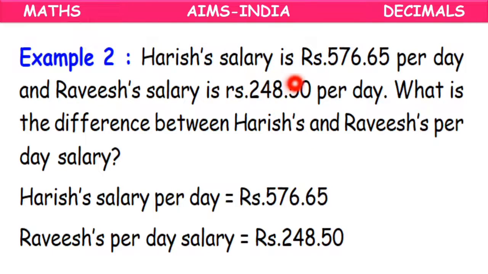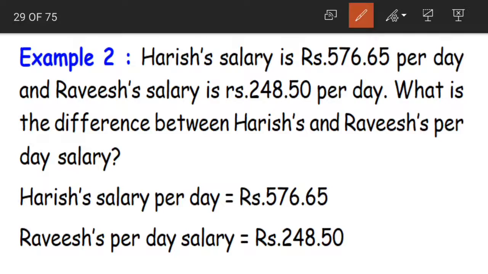Harish's salary is 576.65 rupees per day and Ravi's salary is 248 rupees 50 paisa per day. What is the difference between Harish's and Ravi's per day salary? Here we are given two salaries of two different persons.